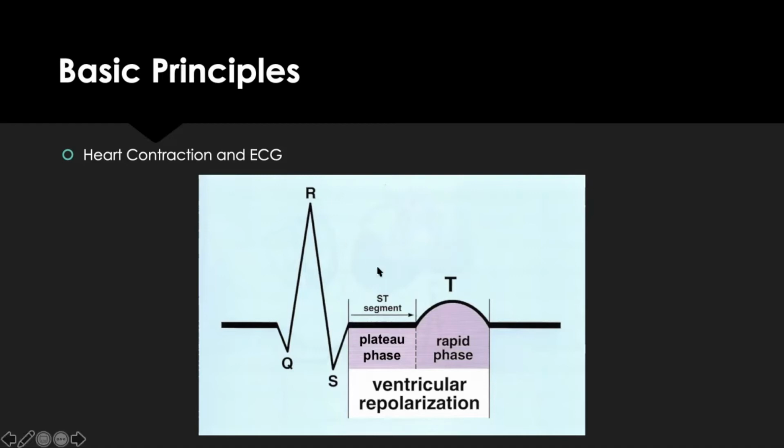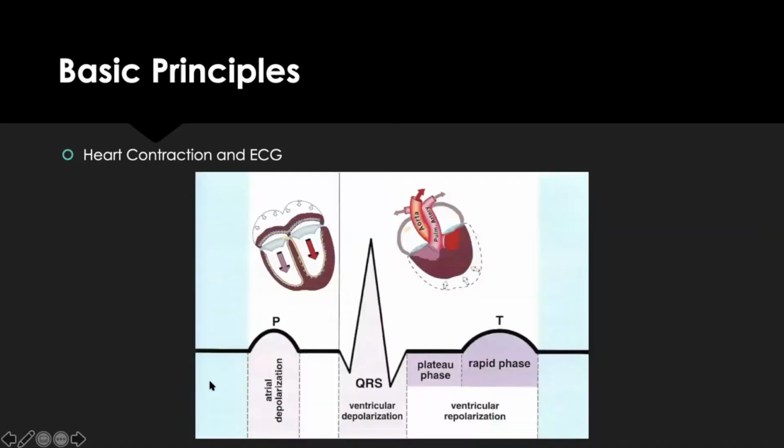And then right here is ventricle repolarization, which is the relaxation of the muscle. Here's the full picture: the atrial depolarization, ventricle depolarization, and then the ventricle repolarization can be illustrated by these two pictures.